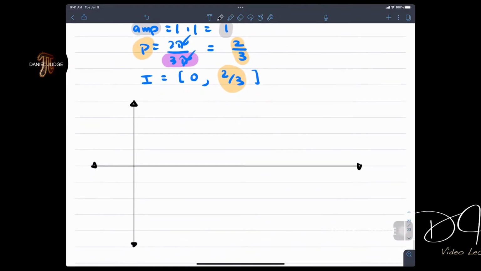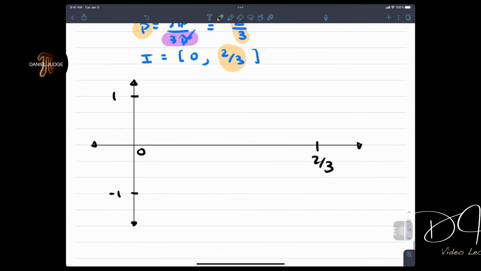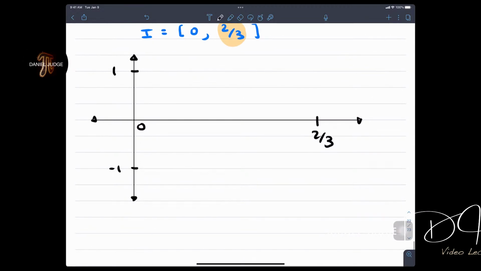My amplitude is 1, it's not to scale. Go up 1, go down -1. The interval is 0 to 2/3. The period is actually 2/3.